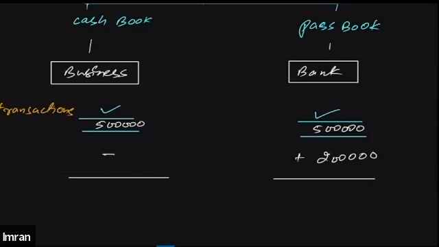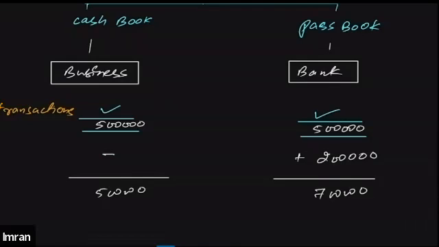So this will eventually cause a difference at the end of the month. The balance as per cash book will be 5 lakh and the balance as per passbook will be 7 lakh. I hope it is clear up to this point.